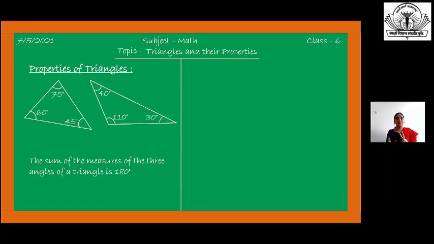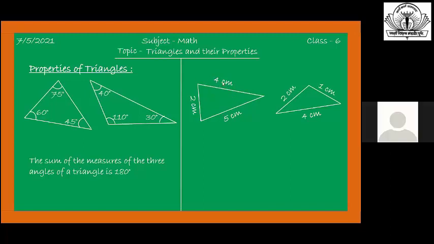Now we go to the second property. Again, these are the two triangles. In the first triangle, if you add the 4 centimeter side and the 2 centimeter side, how much will it be? 6 centimeter. Is it greater than 5 centimeter?